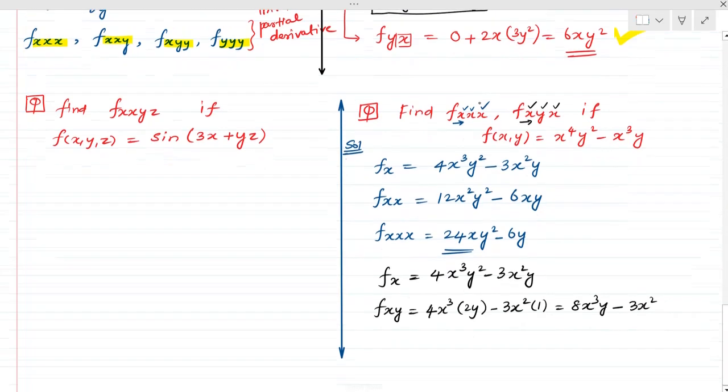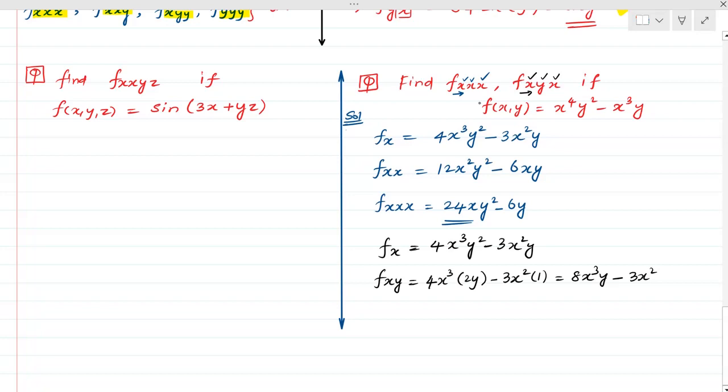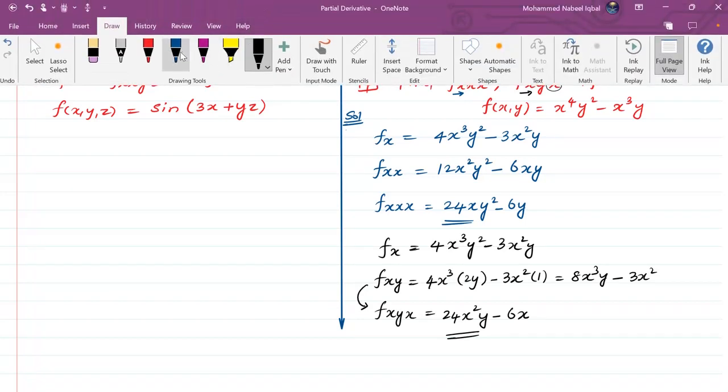This is the value. Now the last one, I have to differentiate with respect to x again. When you differentiate, it becomes 24x^2 y minus 6x. So in this order, you can calculate any order partial derivative.